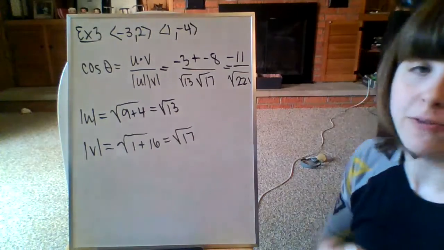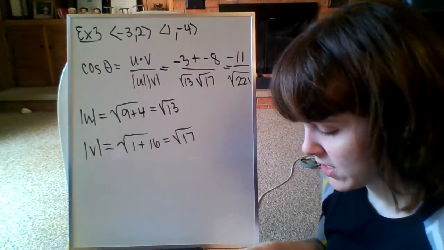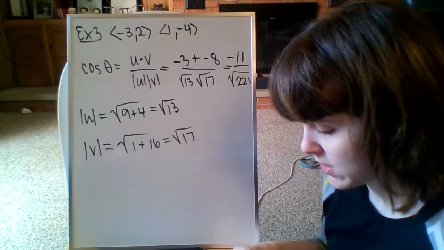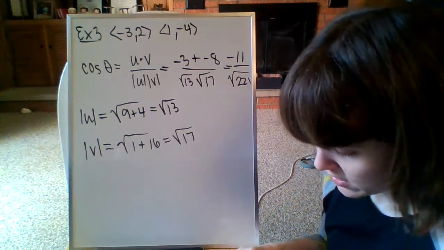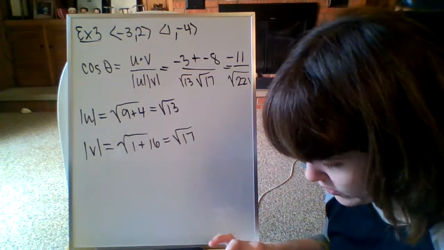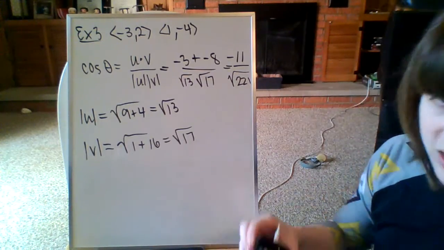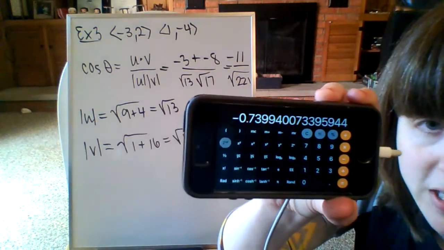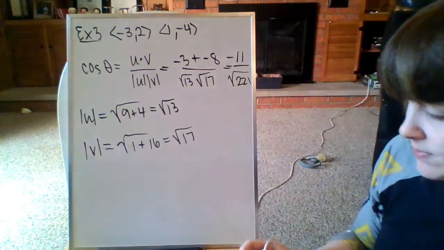Alright, so now on our phone calculator, we're going to do -11 divided by square root of 221 equals, and I got -0.7399.